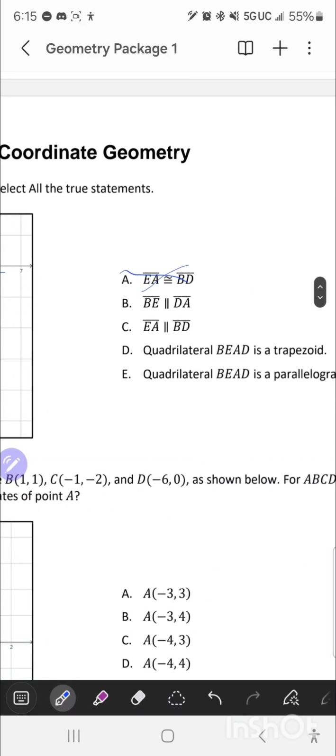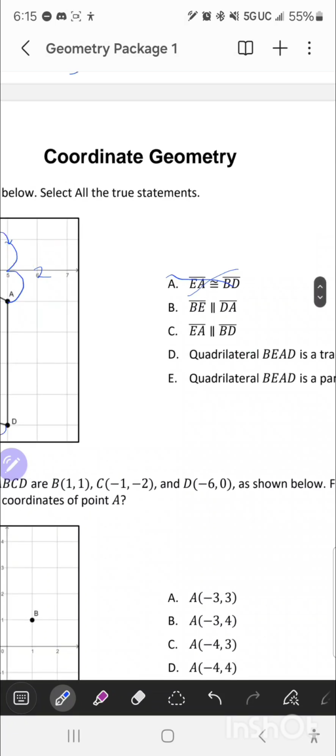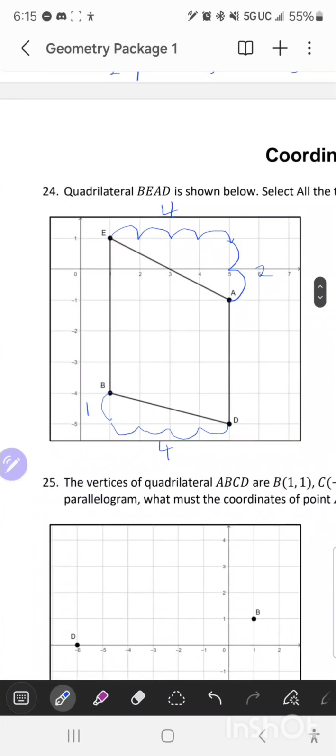So this is false. Now, BE is parallel to DA. Basically, you can do this just by visualizing the graph. You don't see any x translation. This is just a vertical line, and this is just another vertical line.